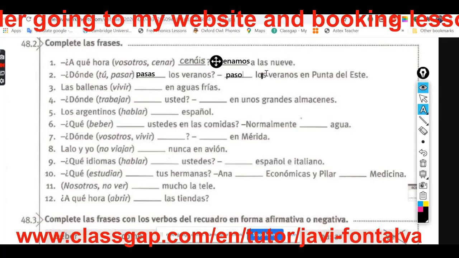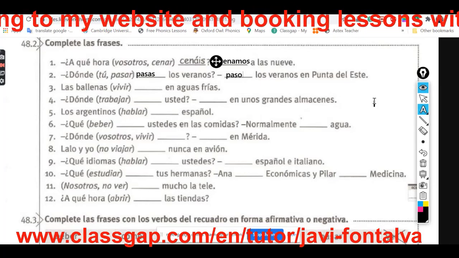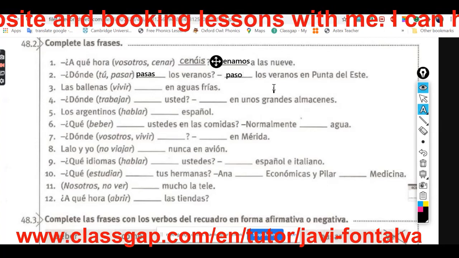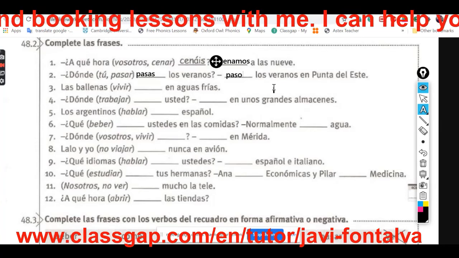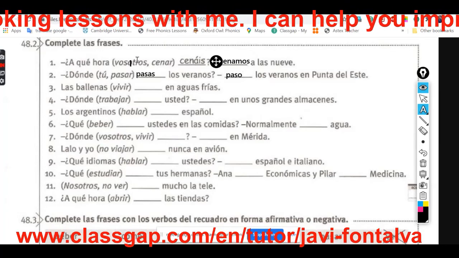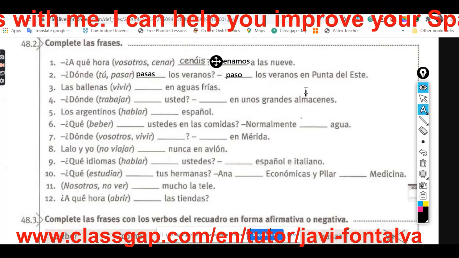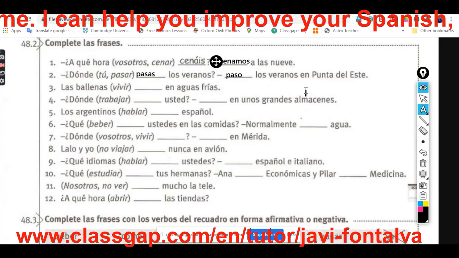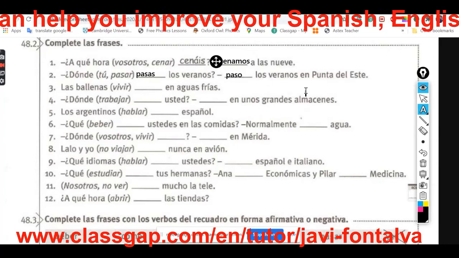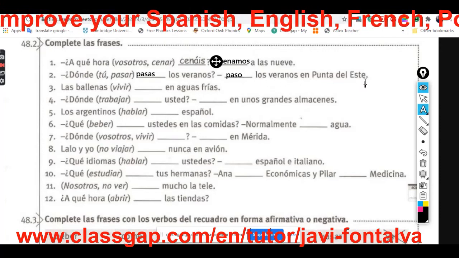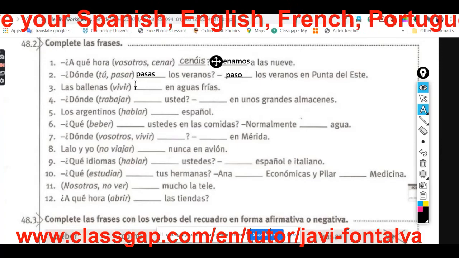It means to spend time. So what does this question mean? Where do you spend your summer? And the answer: I spent the summer in Punta del Este. Easy, yeah? Correct.